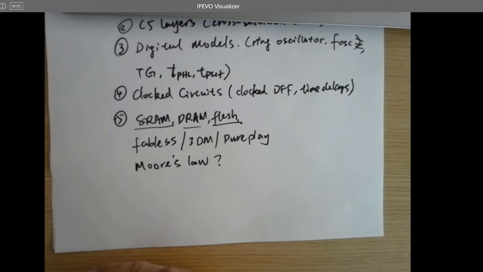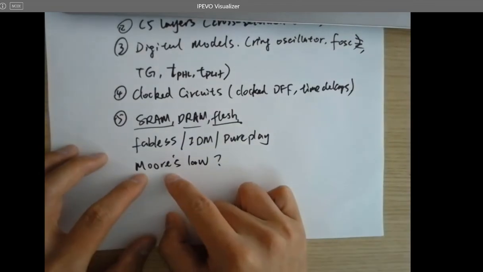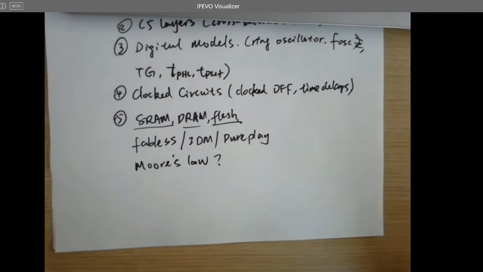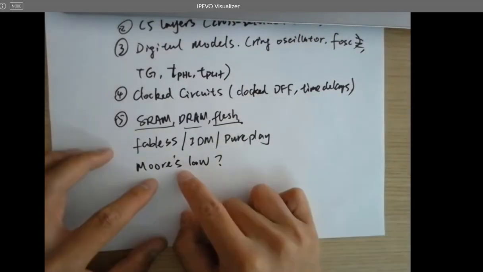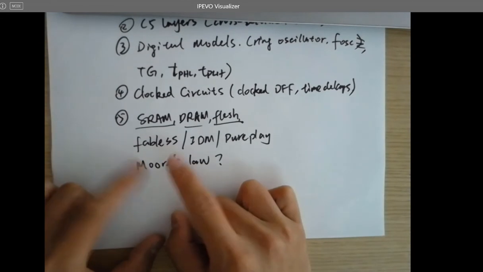It's not possible. The size of an atom is somewhere around 0.3 nanometer, so 3 nanometer and 2 nanometer technologies are only tens of atoms. It's going to reach a limitation. But in the past, starting from one micron technology or even larger, like 3 micron technology, until 5 nanometer technology, it was about right.